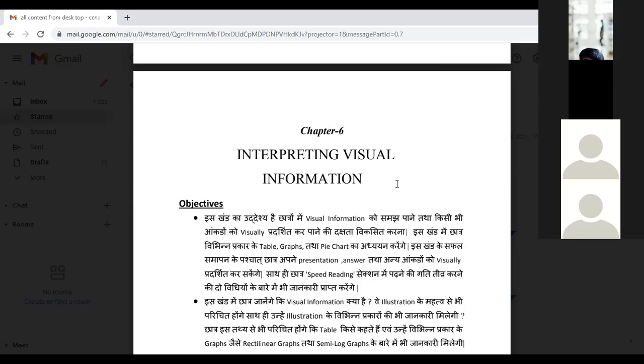So what they are doing is visual information. They are giving out information, whatever they have painted in the poster, they will present.